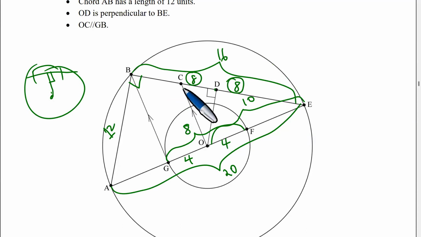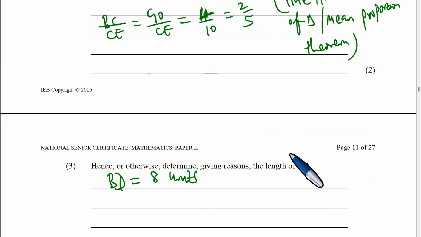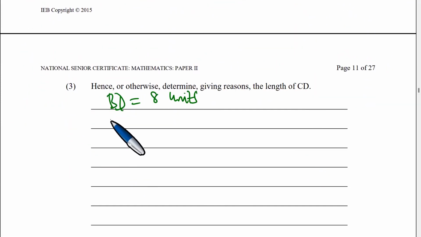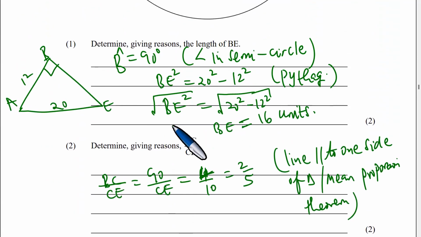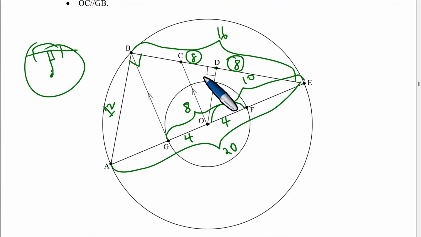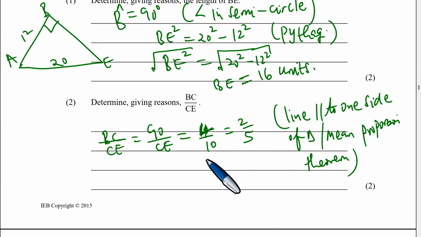So that is BC over BE. Can write that one down. BC over BE. Right, so we can say BC over BE is equal to, for example, GO over GE.